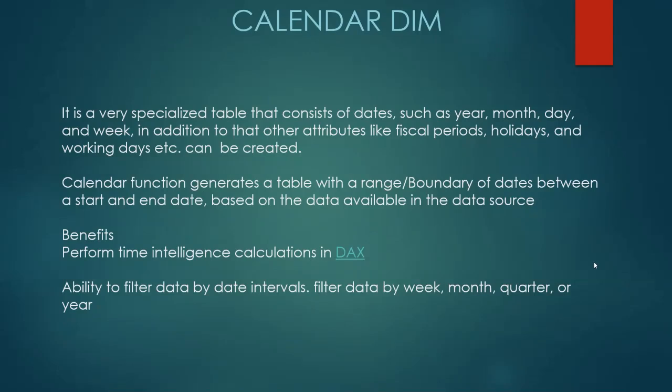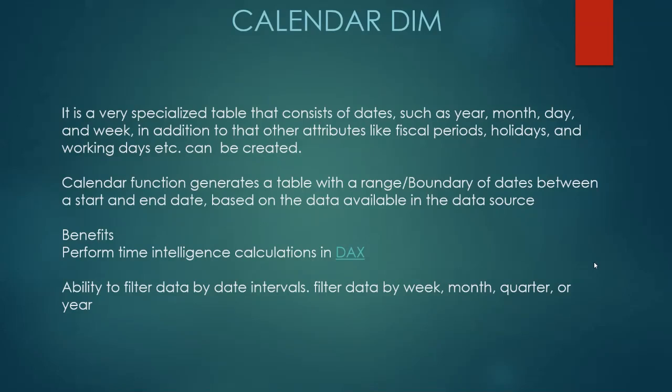So within that boundary, you are creating a calendar and it will be based on the data available in the data source. Let's say you have a date column starting from April 2022 till date. It will create that boundary from start date to end date and automatically create a table, which can be done by using the calendar function.